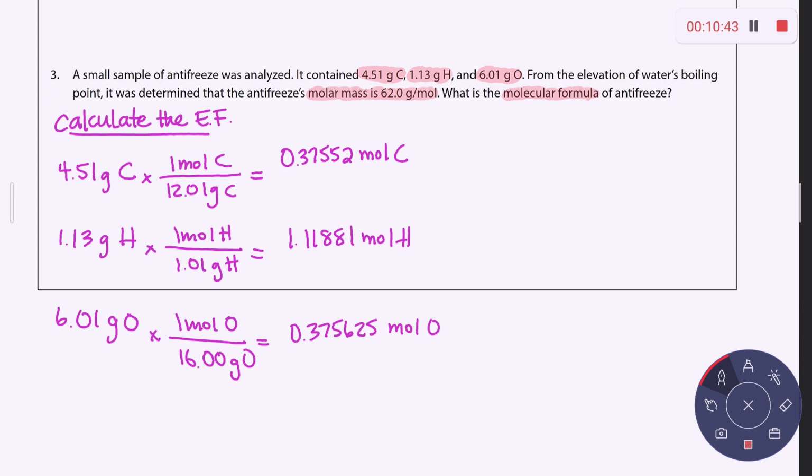So my smallest mole is probably this one right here. When I divide each mole by the smallest mole, I'm hopefully within 0.1 of a whole number.